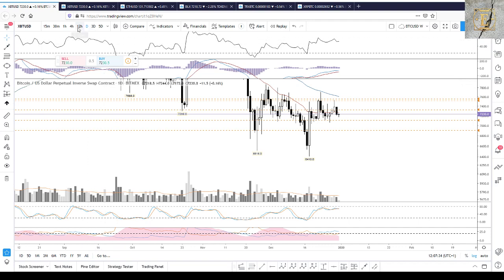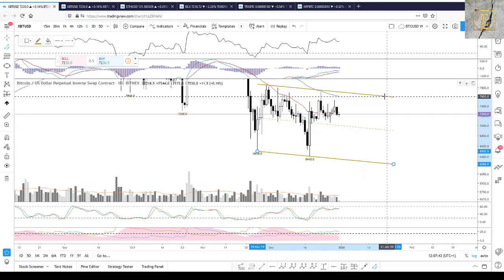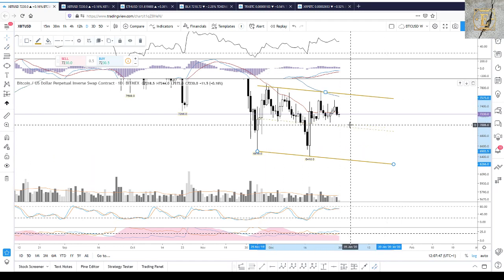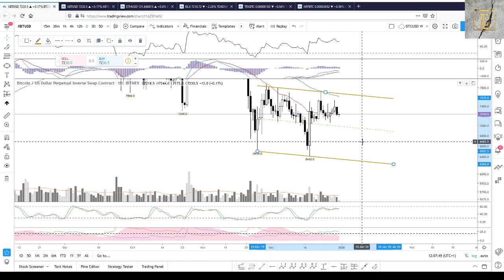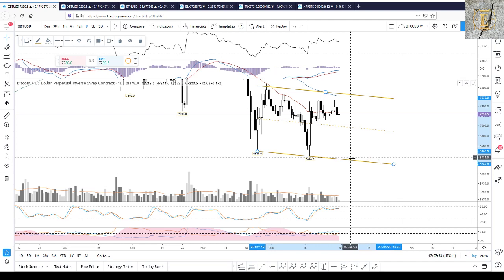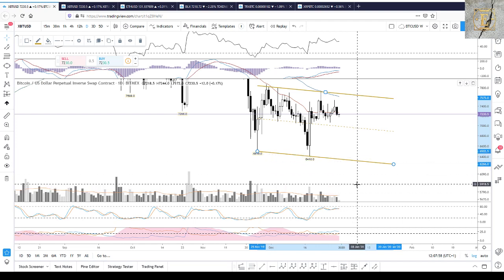So this was the daily. Here we've got the channel, now more or less over here, the middle. This middle could be tested again and could even go lower. If it breaks this level, usually it's going to take a big dip.